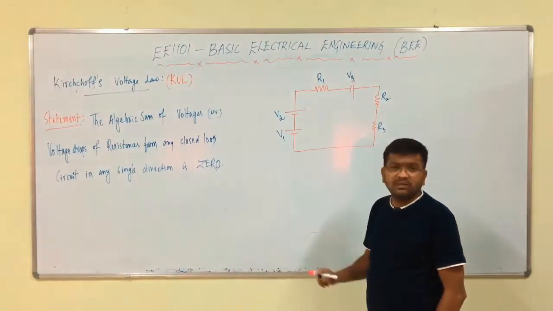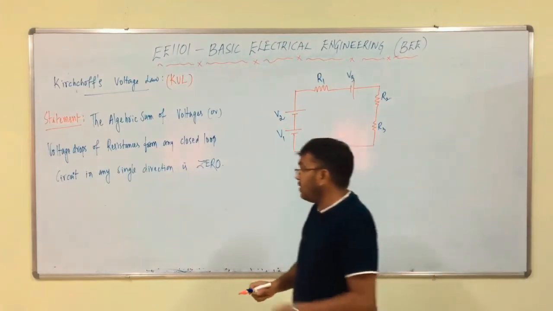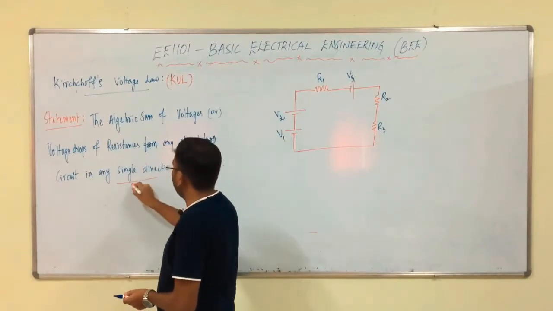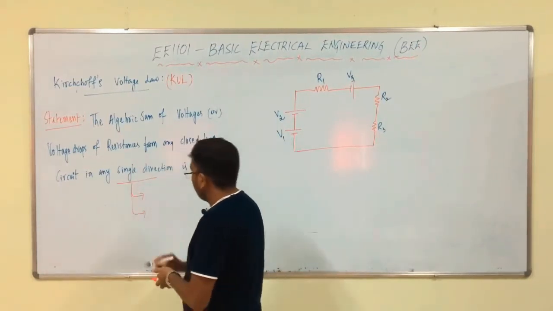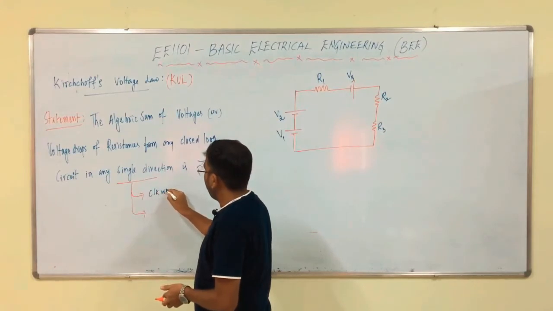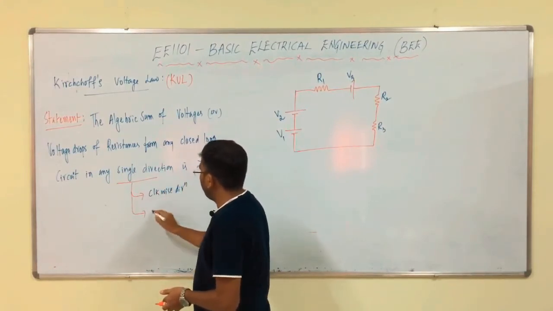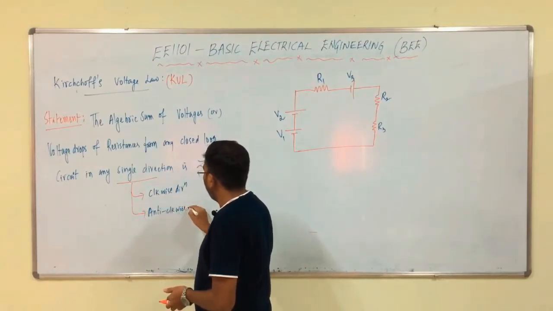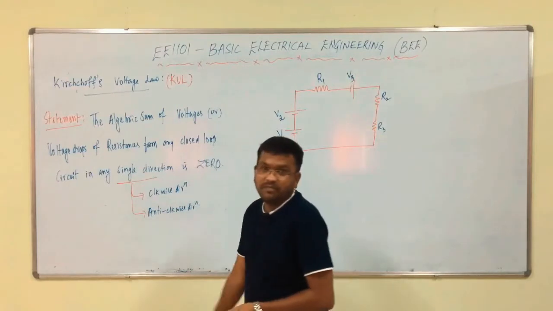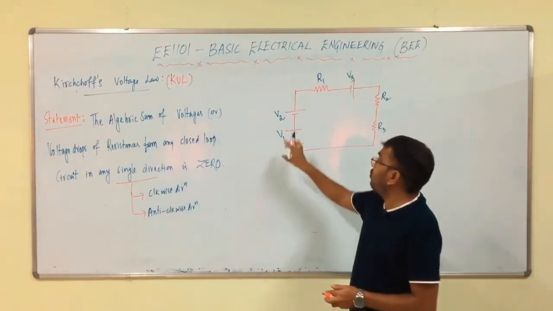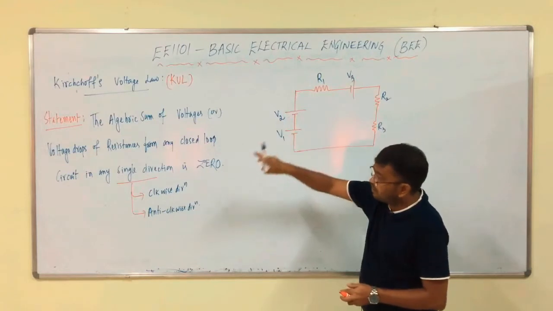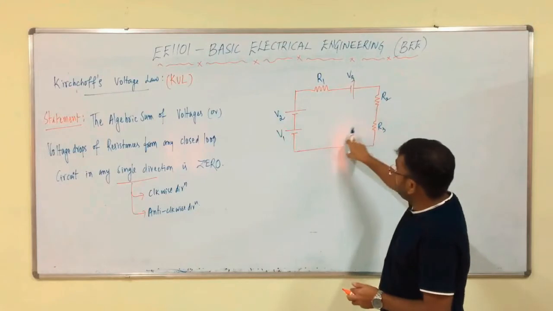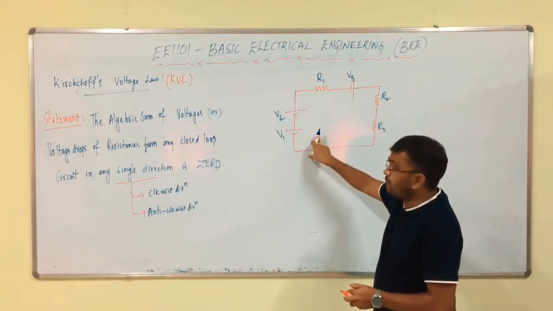In any single direction means what? Whether it is clockwise direction or anti-clockwise direction. So, the algebraic sum of voltages or the algebraic sum of voltage drops of resistances in any closed loop, this is a closed loop circuit, no?